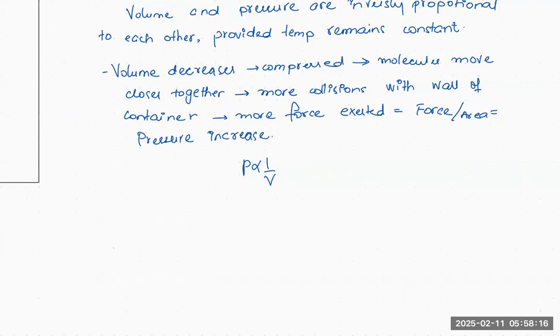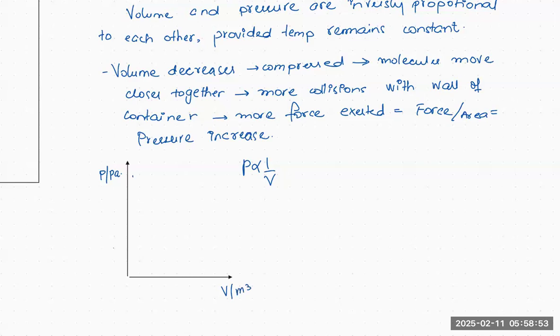And when we talk about the graph, the graph is going to look something like this. On the x-axis, I am putting pressure, and on the y-axis, I'm putting the volume. So it's an inversely proportional relationship. It means that your graph is going to look something like this.